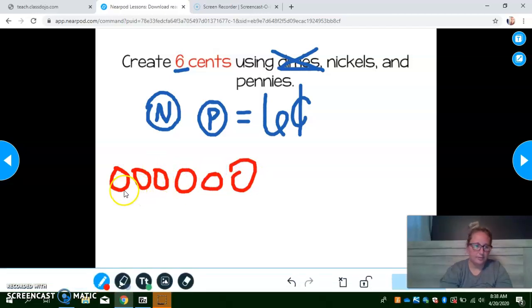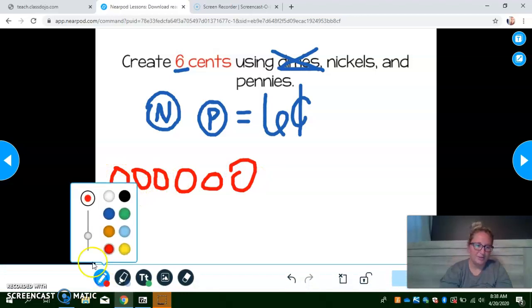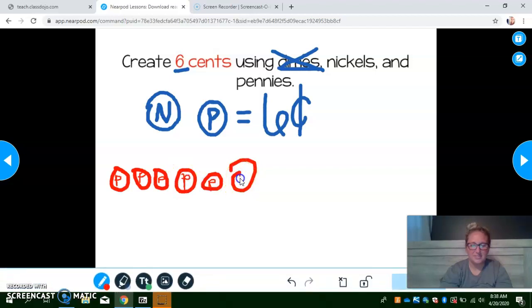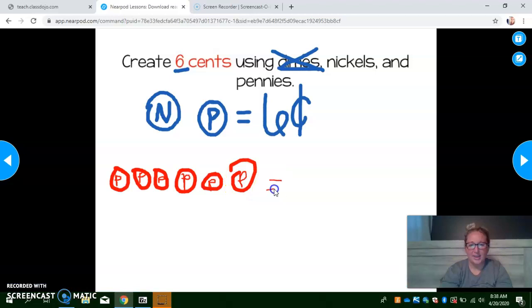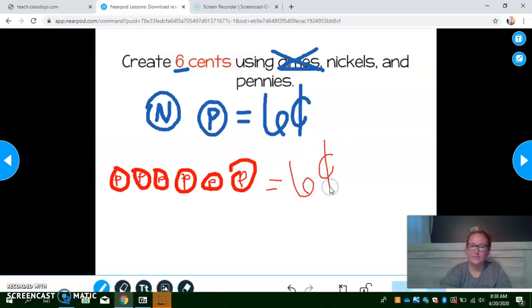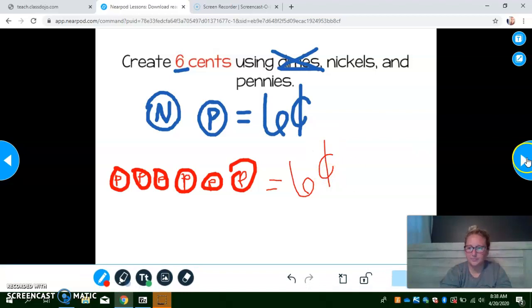And it's going to be really hard for me to write P's in those. Have 6 pennies. And that would also equal 6 cents. Okay, so there's 2 different ways here.